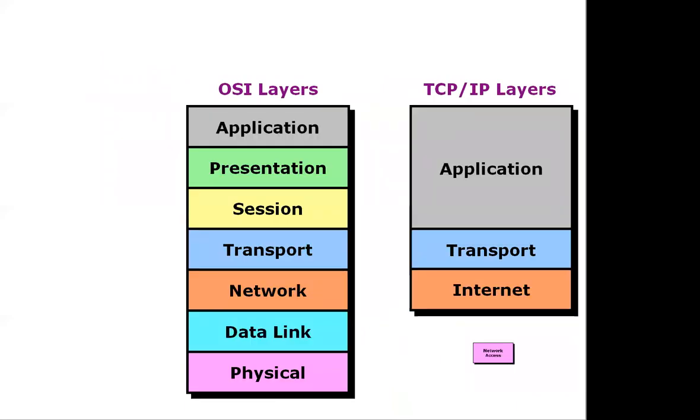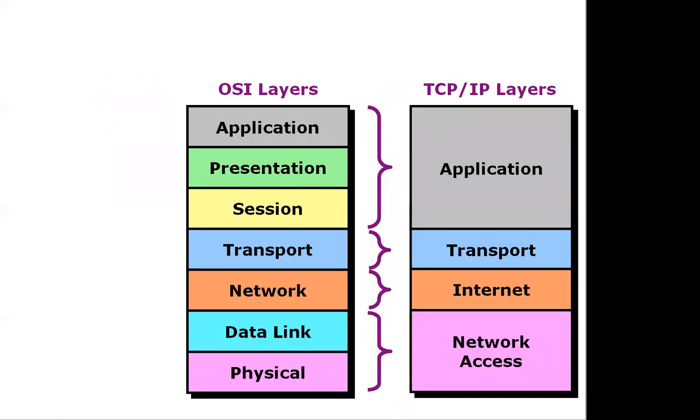At last, we are going to discuss the comparison between the OSI model and the TCP/IP model. Nowadays, the OSI model is not used; the TCP/IP model is used. Application, presentation, and session are merged into one layer, application. Transport layer is common.